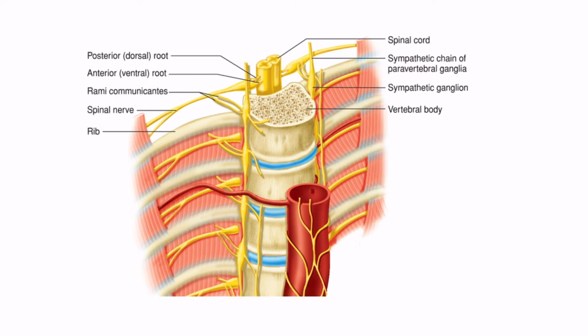We have our spinal cord, we have our ventral dorsal root, we have our sympathetic chain ganglion, and that is going to hold the cell bodies of our postganglionic neurons. As we move down into the abdominal region, these are called collateral ganglia.